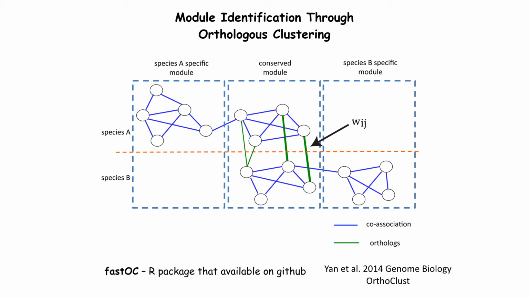And within this analysis, we give a weight to those relationships. So in this case, we have a 1-to-1 orthologous relationship between two genes in the two species, but we can also have situations where we have one gene with two or even more orthologs in the other species.